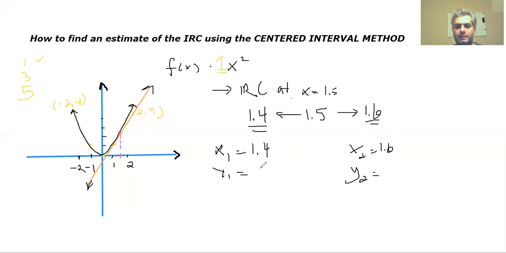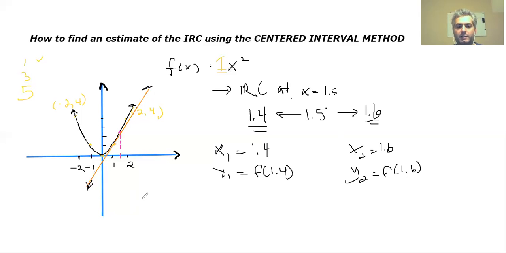So y1 is basically f of 1.4, with 1.4 as your input value into the function, which we know is f of x equals x squared. And then y2 is f of 1.6. Okay, so now I have the data.